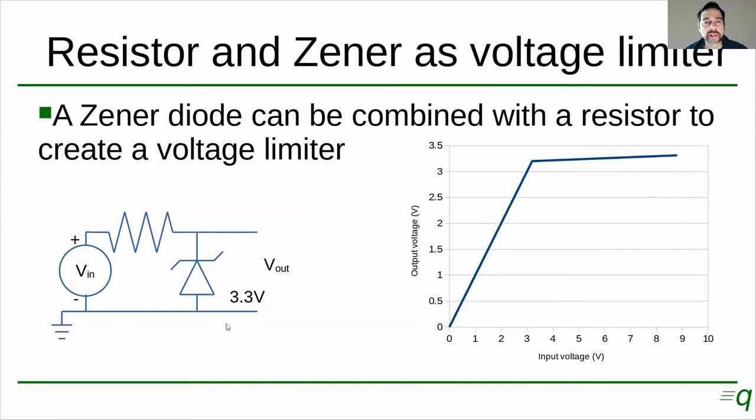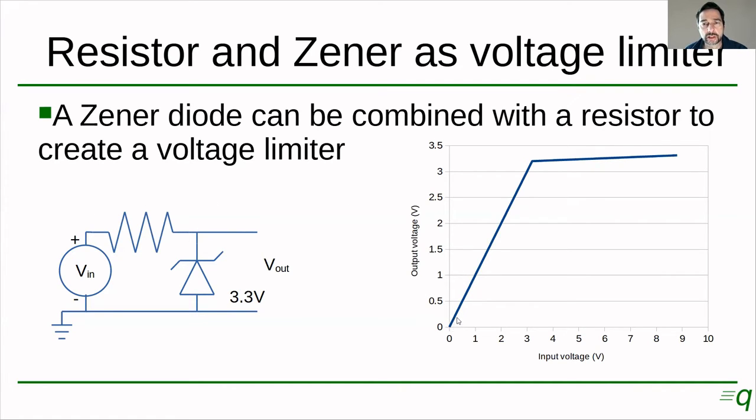So what happens with this circuit when we vary the voltage from 0 to, say, 10 volts? At the very beginning, the diode is in reverse bias, right? So it's positive on the cathode and negative on the anode, so the diode does not conduct. So current through the resistor is 0, so 0 drop, and the voltage in parallel with the diode is going to be the same as the input voltage.